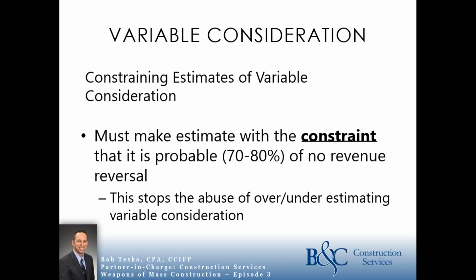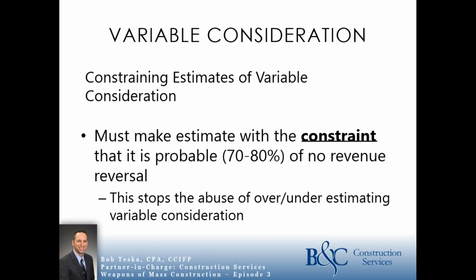Within variable consideration, there are constraints. You can't just say, hey, there's a performance bonus of $1 million on this contract, I'm going to include that at the outset because I can. There's a constraint where you must make an estimate that it's probable, about 70 to 80% they say, that you're not going to have a revenue reversal.